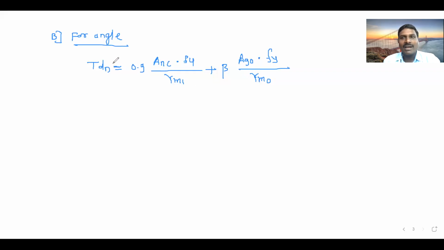This is the formula for angle, and this formula is given in your IS code.